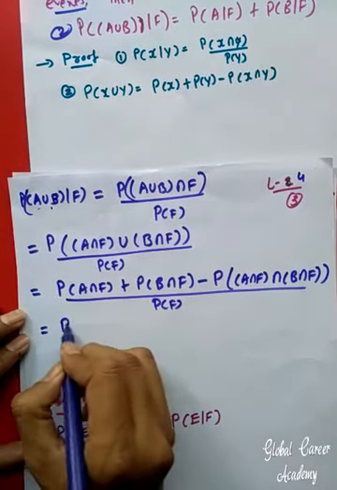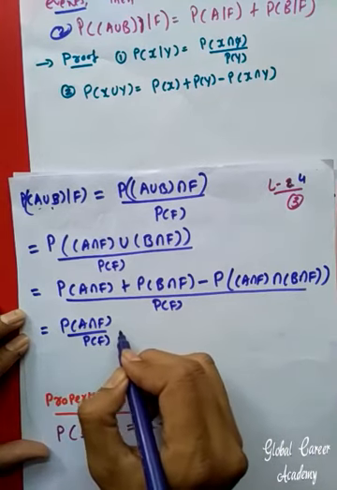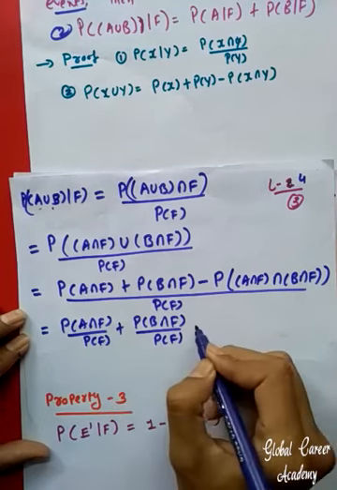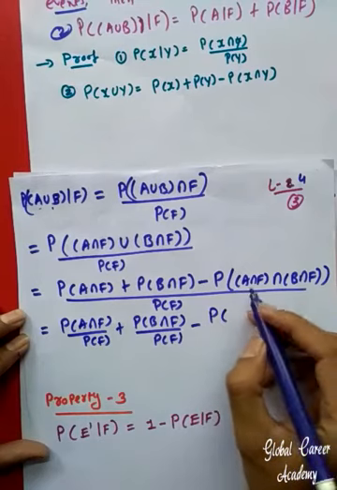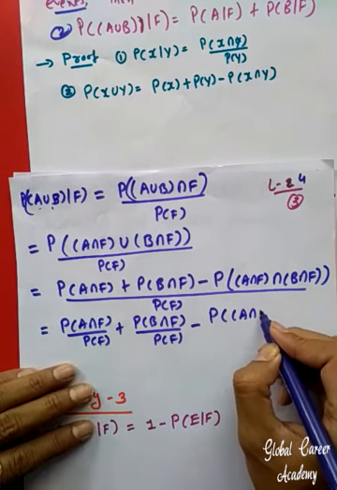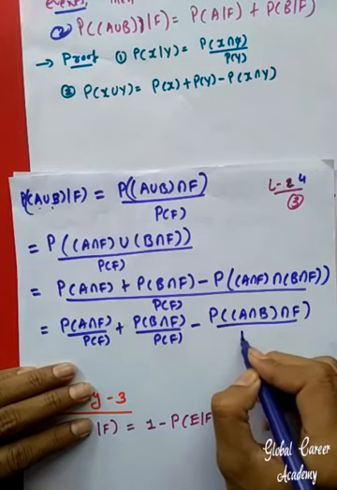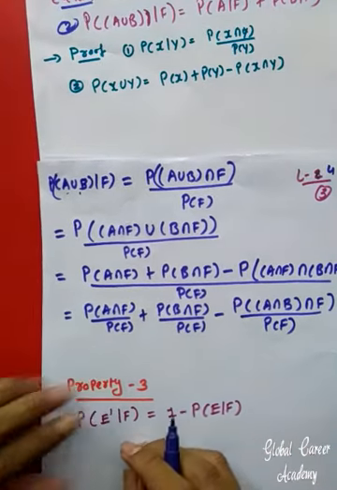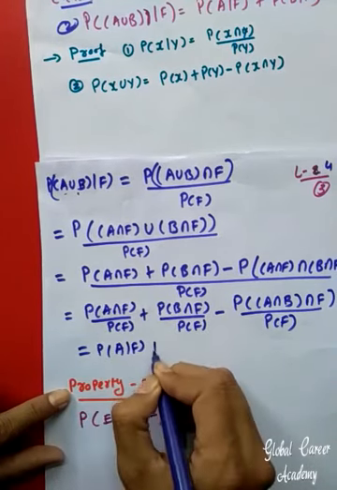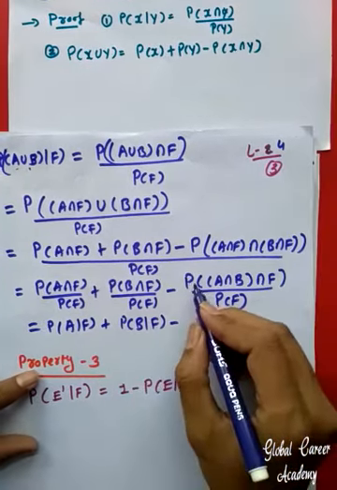Now we can say that P of A intersection F divided by P of F plus P of B intersection F divided by P of F minus, over here I will write it like this, P of A intersection B intersection with F divided by P of F. So if you see this carefully, it is P of A given F, the second term is P of B given F minus, and what is this?